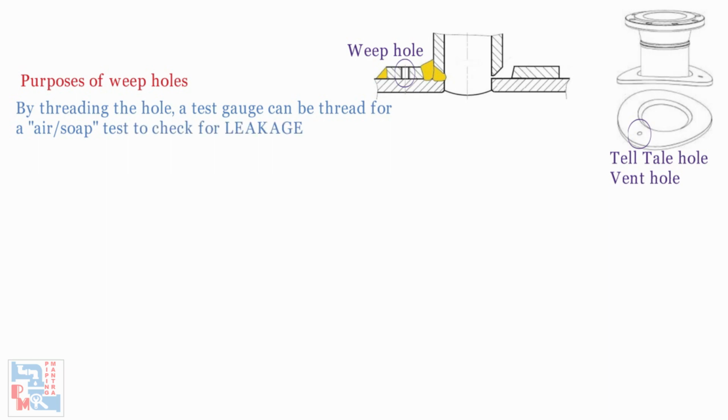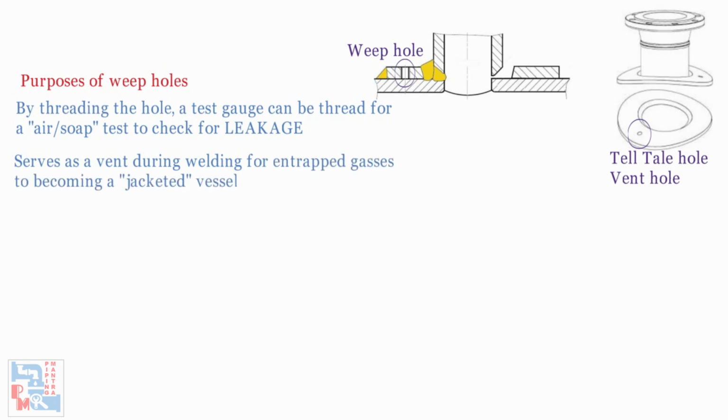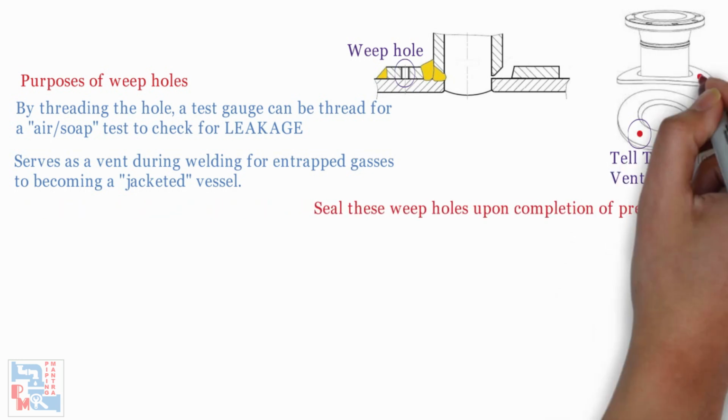The thread, mostly 1/4 inch NPT, will be used. Second, weep holes serve as a vent during welding for entrapped gases and prevent the reinforcing pad from becoming a jacketed vessel. One thing to note is that we need to seal these weep holes upon completion of pressure tests.